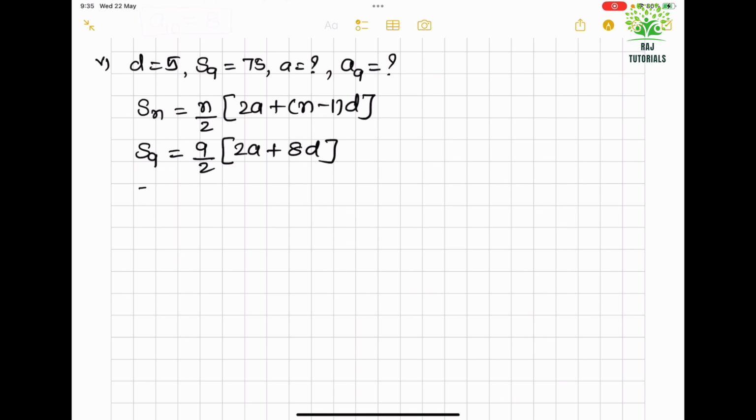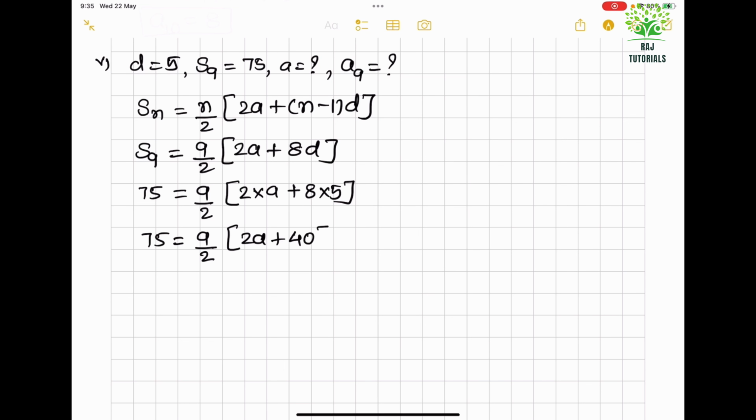So S9 is 75 equal to 9 by 2 into 2 into a plus 8 into 5. So 75 equal to 9 by 2 into 2a plus 40.